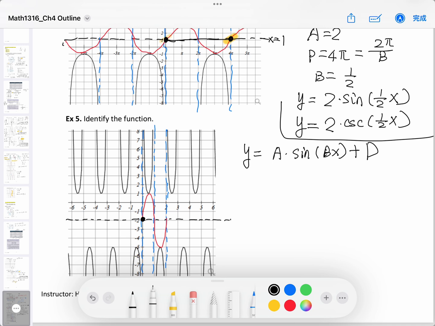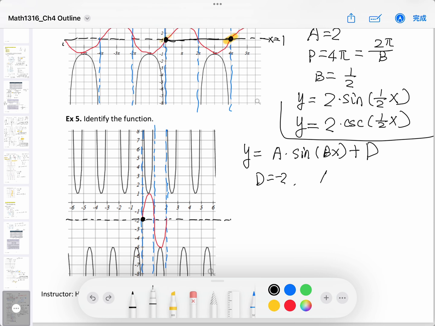Okay, do we have a d vertical shifting? Yes. So it's shifting down 2 unit because it's going down 2 unit. So d must be -2. And how about vertical stretching? So from the center line going up 3 unit, going down 3 unit. That means vertical stretching is 3.